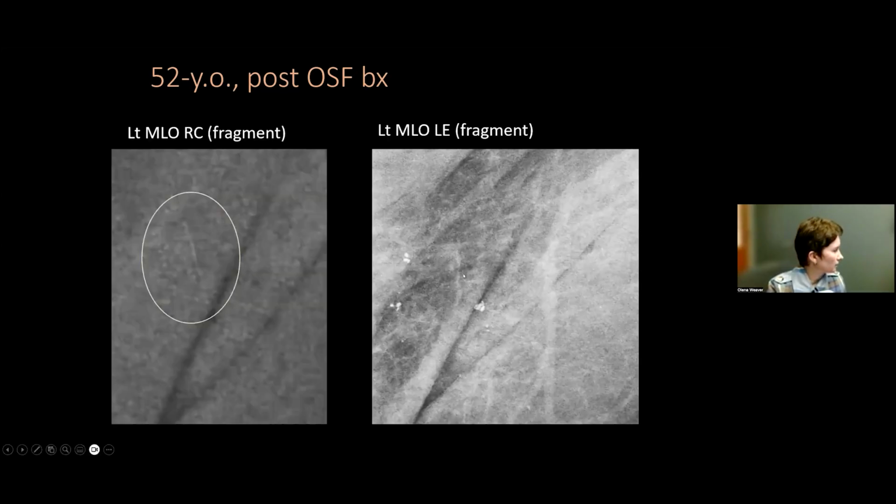I wanted to also point out, you might notice in the left axilla on the MLO view, there is a linear white line with little white dots around it. If you take a close look at the images that are available to you, on the corresponding low energy images, there is not much of that at all, or nothing at all.